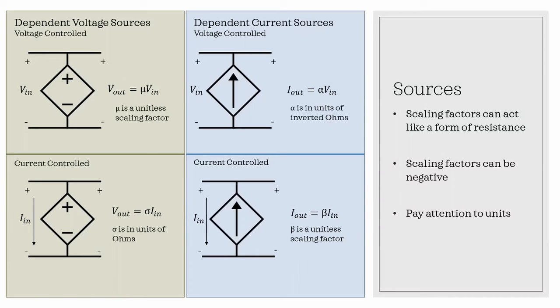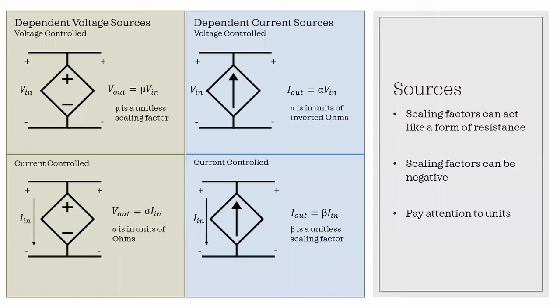On the right side, a current source controlled by voltage is scaled by a factor often denoted by alpha, which has units of Siemens or inverse ohms. And in terms of Ohm's law, this current is equal to voltage over ohms, which inverses the unit. But once again, not an actual resistance, just a scaling factor with similar units.